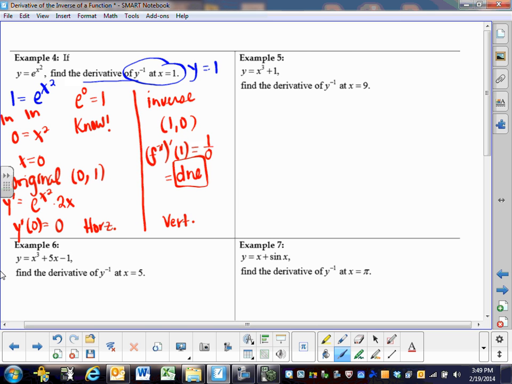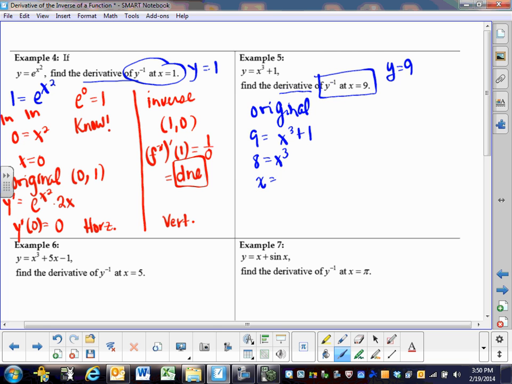So the original derivative at 0 is 0, because we're multiplying by 0. That means that the inverse derivative, so f inverse derivative at 1, has to be the reciprocal, which means the derivative does not exist. So we have a horizontal and a vertical line. But the answer is D and E.